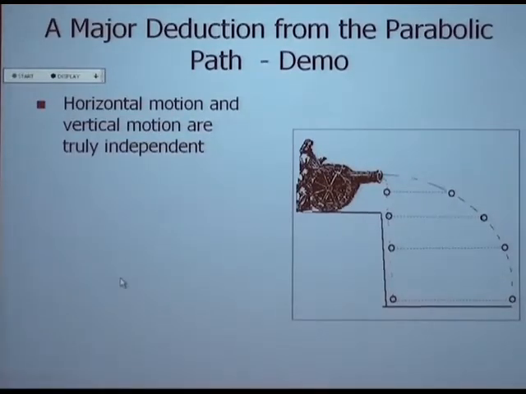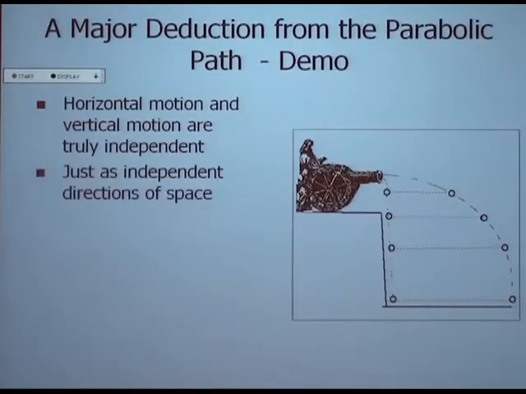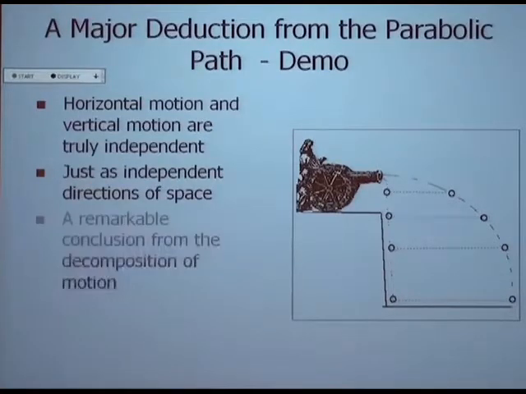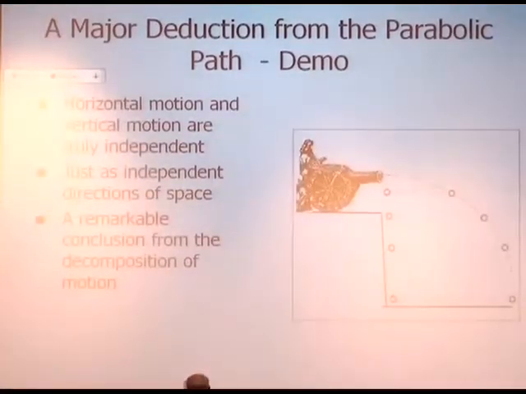In other words, the horizontal motion doesn't care that it's also falling. It follows the horizontal law, namely the velocity is constant. And the vertical motion doesn't care because it follows the law of constant acceleration. And this idea that horizontal motion and vertical motion are independent is a remarkable conclusion which we call the decomposition of motion. And I'm going to show you that with an experiment here, which he realized.